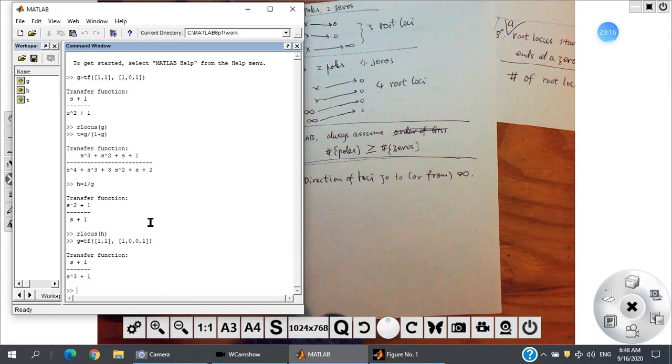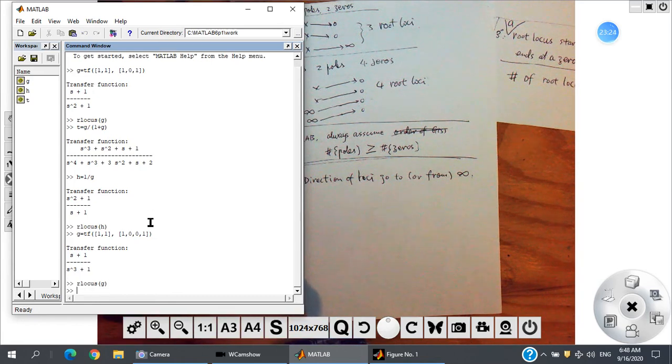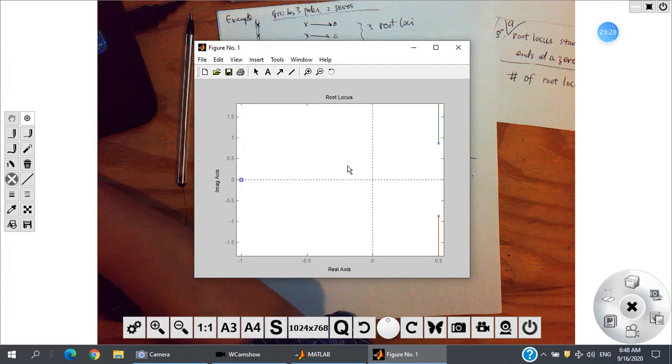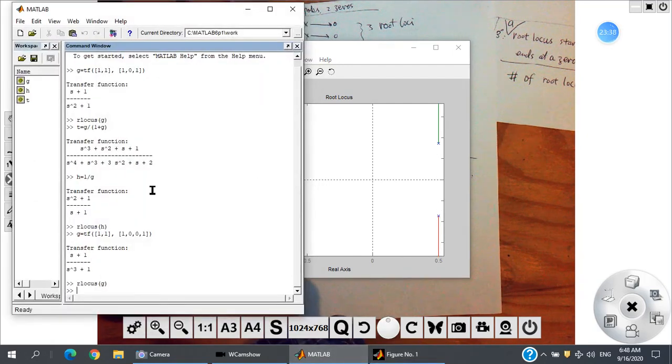Then I need 2 loci going to infinity, right? Over here, 1 is up, 1 is down. I have 2 going to infinity.